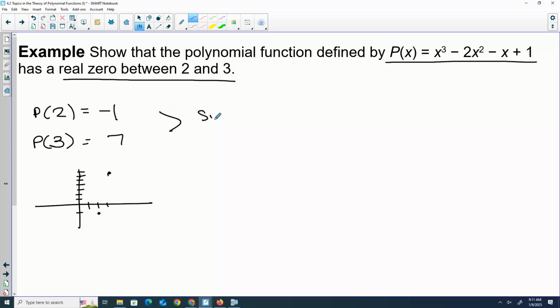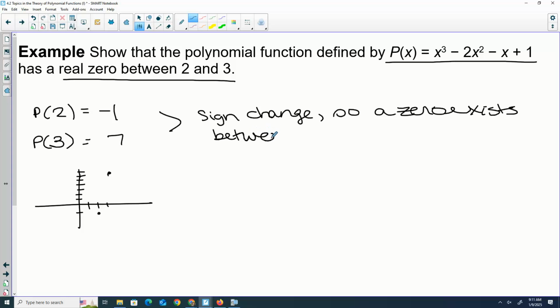So there is a sign change. So a 0 or an x-intercept exists between 2 and 3. So there is some x value between 2 and 3 where the y is 0.